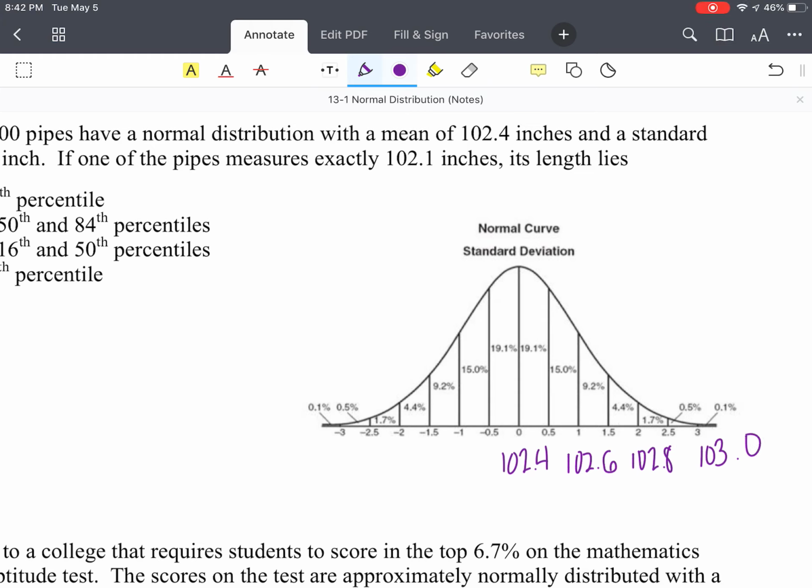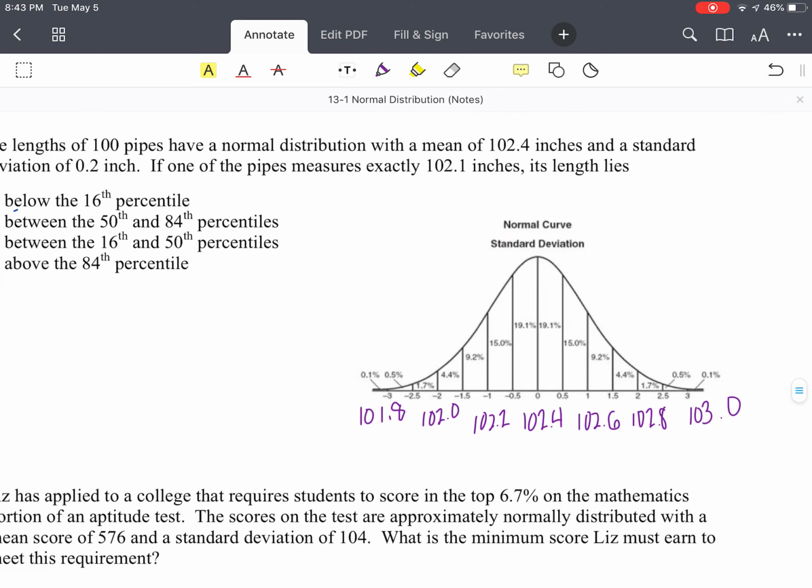And then let's go the other way. So 1 below is 102.2. 2 below is 102.0. And 3 below is 101.8. Okay, each one of them are 0.2 apart.